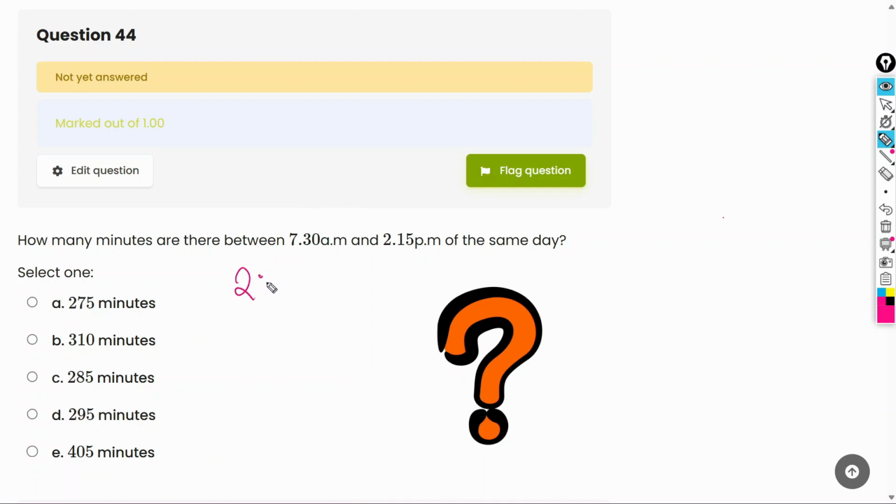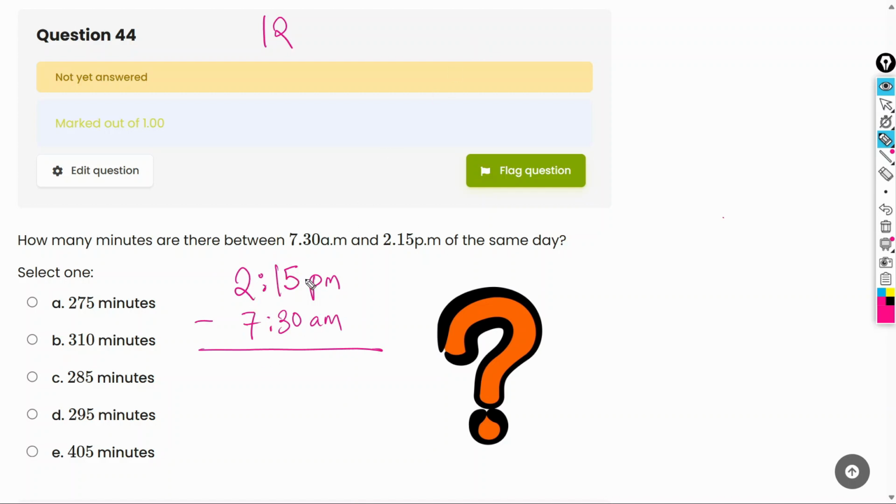So that's 2:15 p.m. minus 7:30 a.m. Now, whenever you have to subtract a.m. from p.m., one of the best approaches to use is to change your p.m. to hours. What do I mean? After 12, your clock goes back to count 1. But in hours, after 12, it is 13, it is 14, and so on, up until 24 hours.